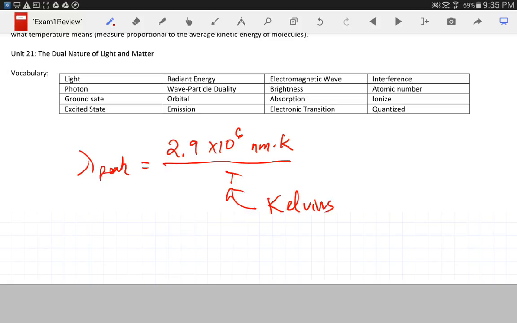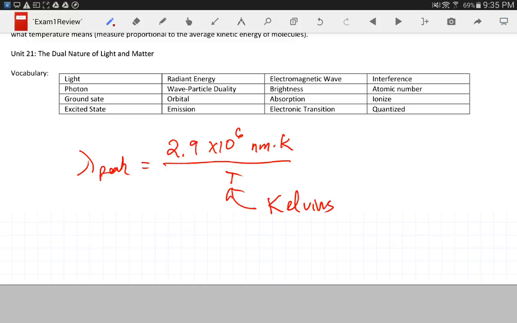This is called Wien's law, and it's an important law to help us determine temperature for something when it's hot, looking at its spectrum. So we look at you. You're giving off radiation because you are hot. But your body temperature is only around, let's say, 300 kelvins.